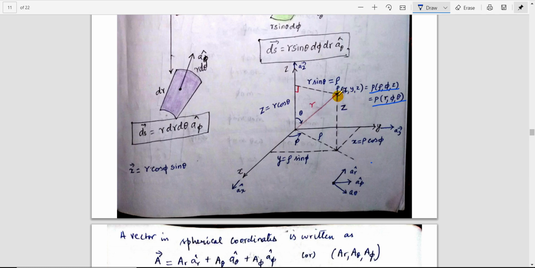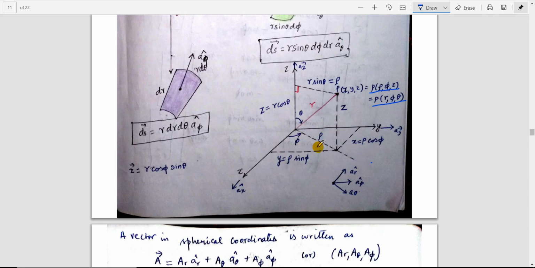If we make the projection on the xy plane, we are just representing the particular projection. This projection can be split into two components. The projection on the x component is going to be called rho into sine phi. Why are we making this sine phi? Because this is the vector called rho, as we have mentioned in the cylindrical coordinate system. Also we have drawn the same diagram in that particular video.